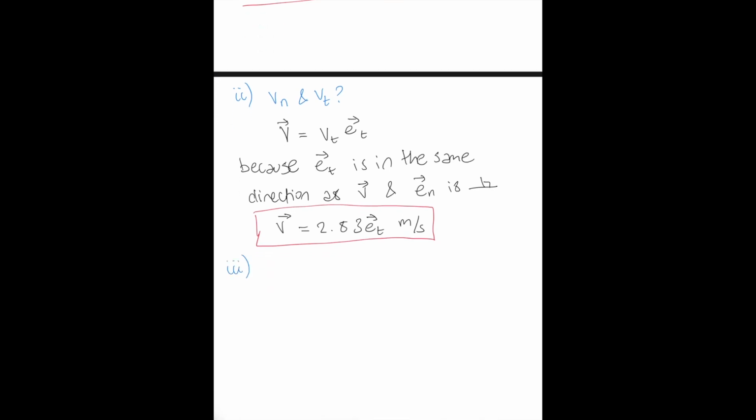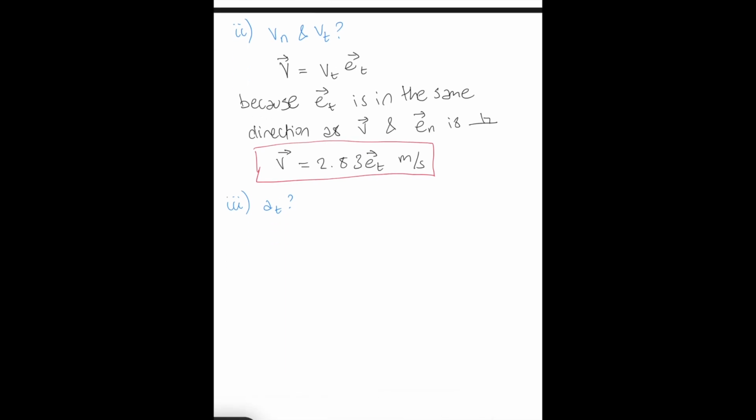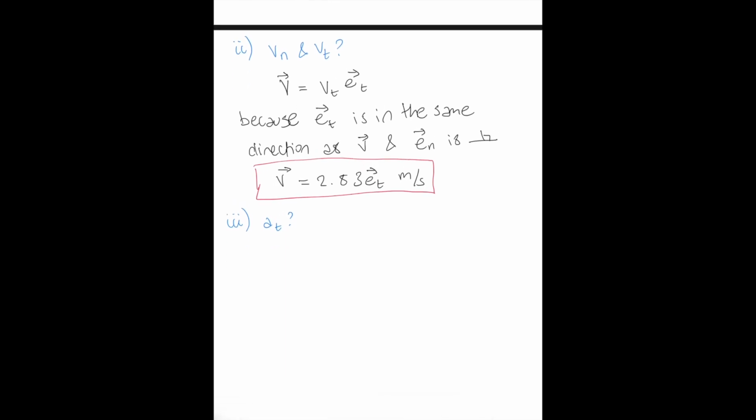Now for part 3 of the problem, we want to find the tangential acceleration. So to do that, we're going to draw two little graphs. Velocity: we want to know the angle over here, and another one of acceleration: we want to know the beta angle over here. To find the angle, it's pretty simple.